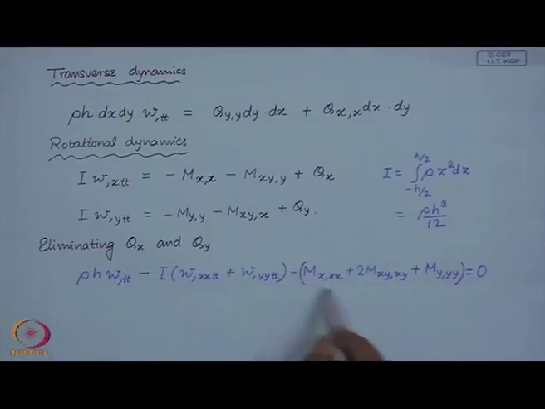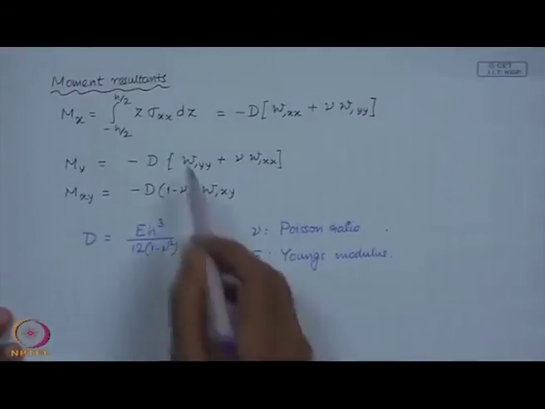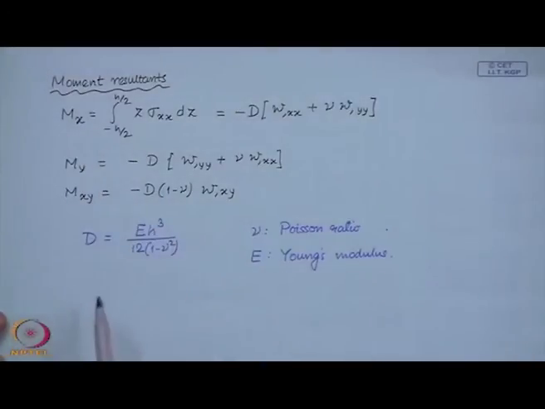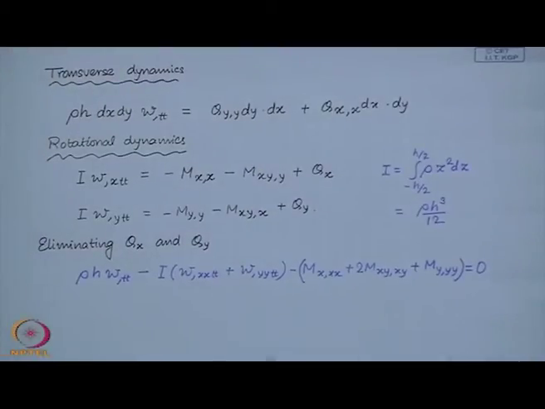Now, here I will replace these moments using the expressions that we have derived, the moment resultants in terms of the field variable. If you do that, you can simplify the equation.